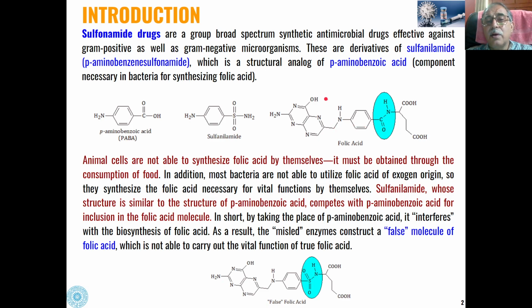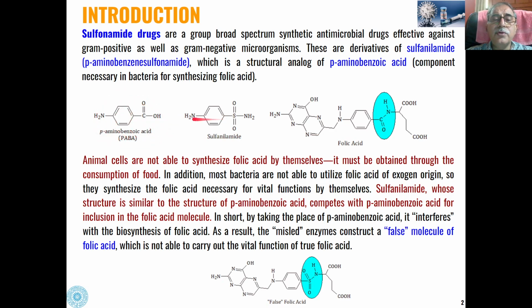Para-aminobenzoic acid is a component which is necessary in bacteria for synthesizing folic acid, because folic acid cannot be synthesized by animal cells by themselves, and it must be obtained through consumption of food. So when folic acid is synthesized, one part which is required is para-aminobenzoic acid.